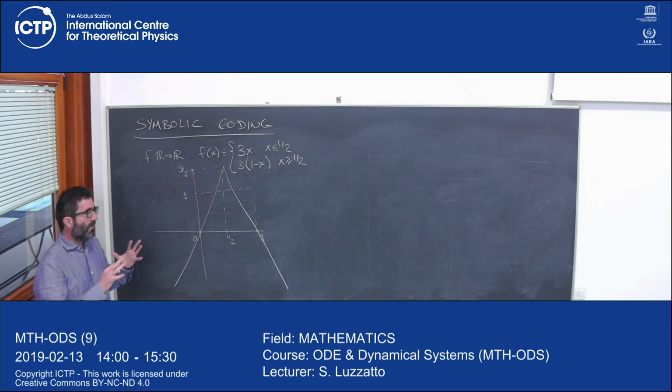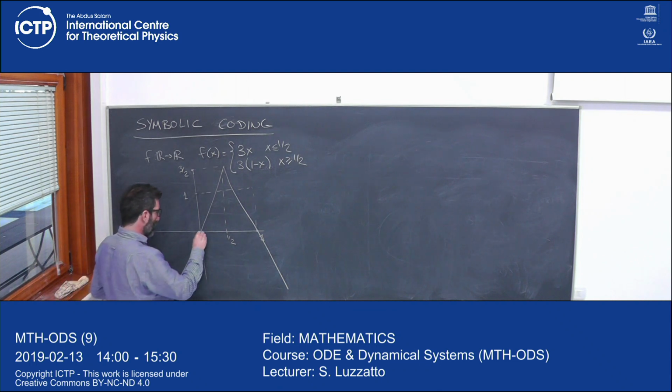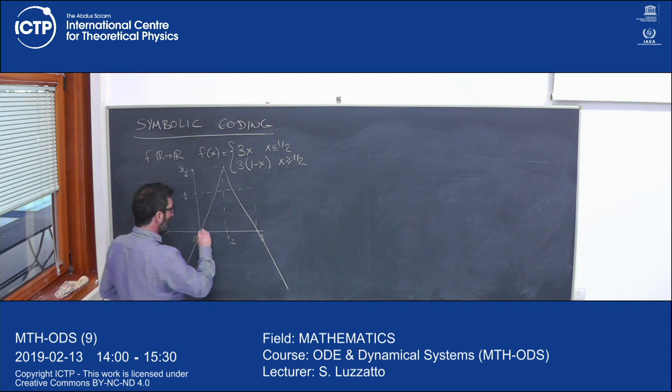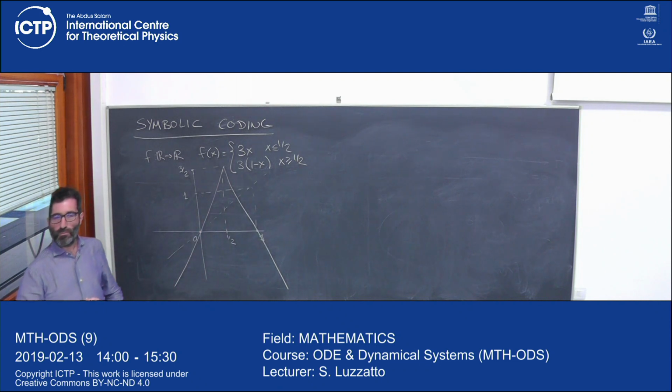Okay, this is just an example which we're going to use to try to introduce some techniques. So let's study a little bit the dynamics of this map. So does it have any fixed points? This is always the first step, yes? The fixed points, this is the graph of the map.